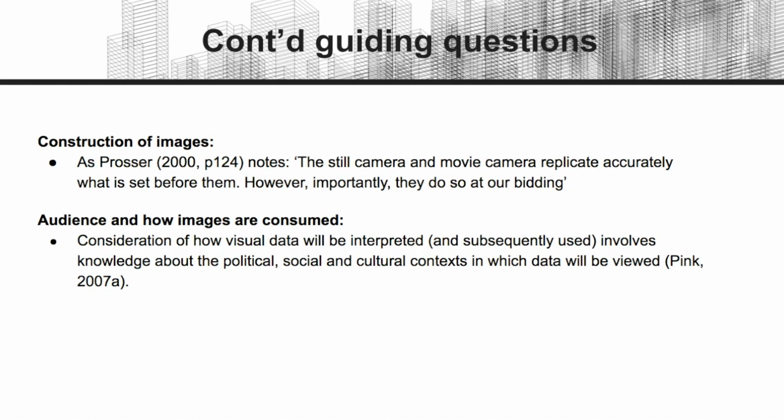So it's important to remember that we need to be cognizant of the way that we use these images and where we present them and how we present them, which brings me to my last point, which is the consideration of how visual data will be interpreted involves knowledge about the political, social, and cultural context in which the data will be viewed.